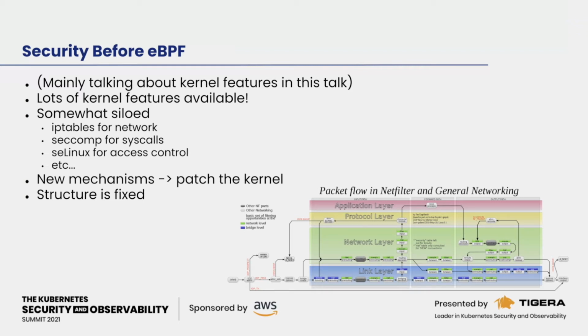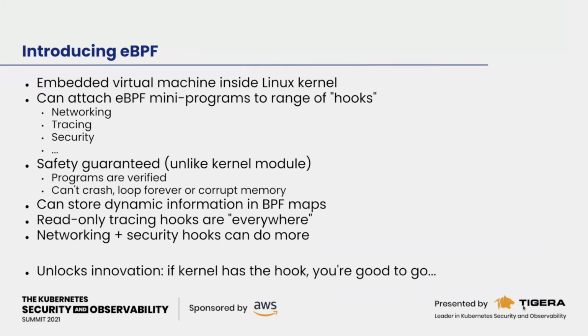More mechanisms, similar sorts of ideas where you have specific things they can do or not. If you want a new mechanism, you're either needing to write some sort of module for the kernel, or get a fix accepted upstream. So that's the pre-BPF world.